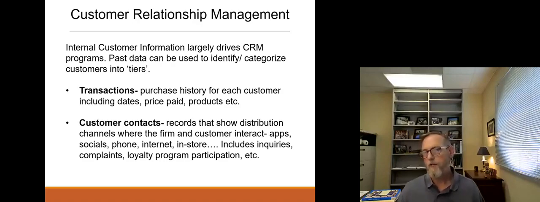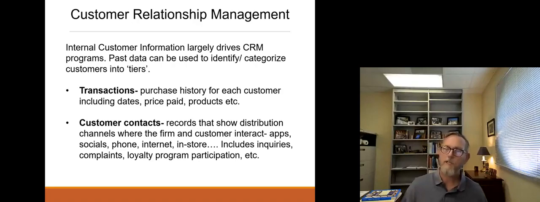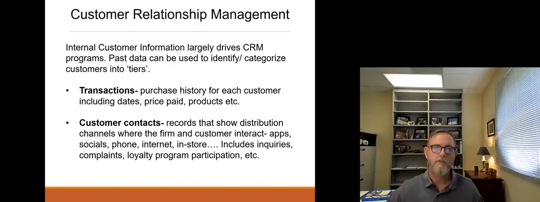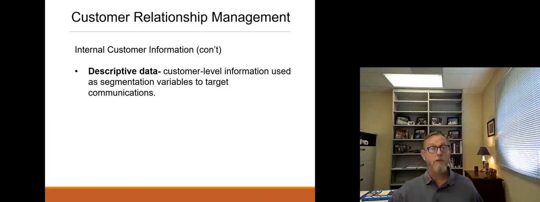How do they come in contact with us? Elements of participation and engagement. We can see their comments if we scrape the socials and see what their comments are about us. Loyalty program participation, and so on and so forth. So customer contact details and information is gathered and something that we can look at.